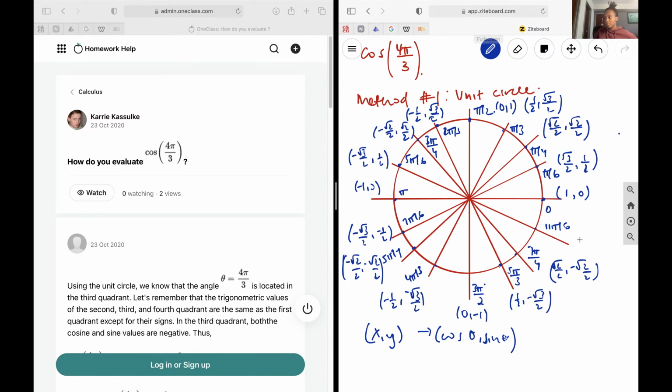And lastly, 11 pi over 6 is root 3 over 2, negative 1 over 2.